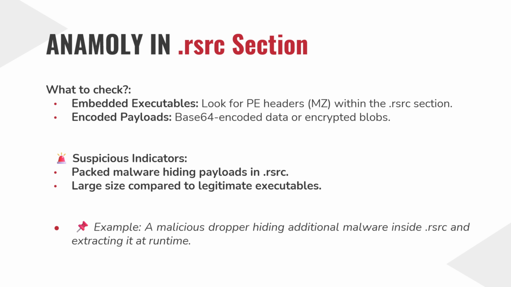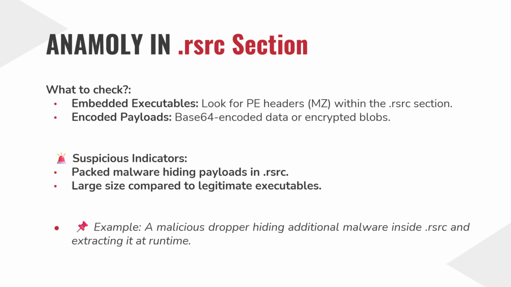Packed malware often stores secondary stages of the payload inside the resource section to evade detection. This is especially common in droppers and downloaders. Check for an unusual size of the resource section, which is typical for built-in programs. If it is unusually large, that could suggest it is hiding something malicious.